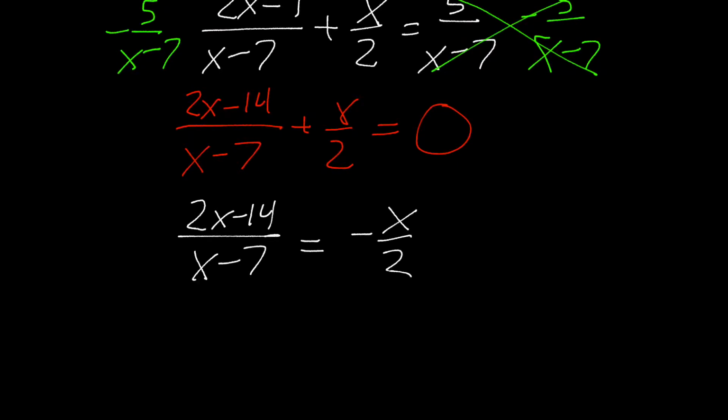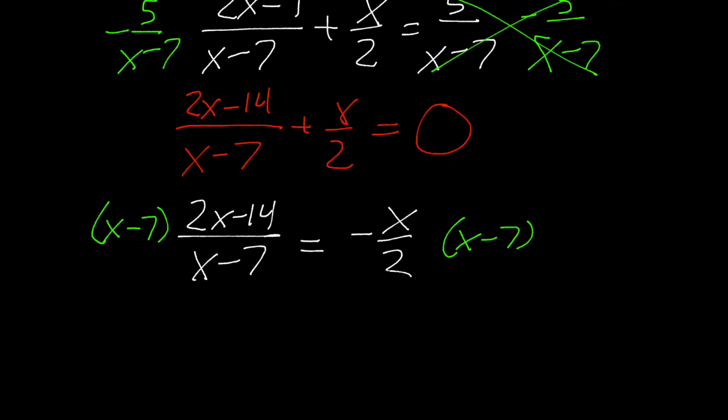And now we are going to continue to solve. We're going to get our variables out of the denominator, and get rid of any fractions we can. So I'm going to multiply both sides by x minus 7 to get rid of the denominator over here.